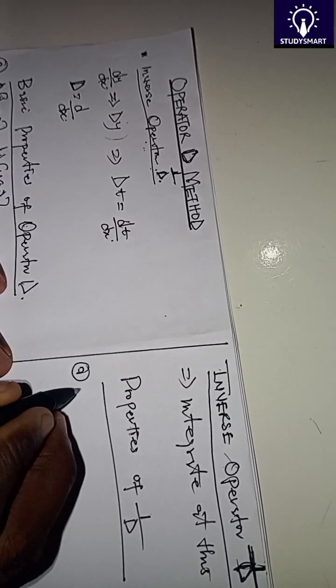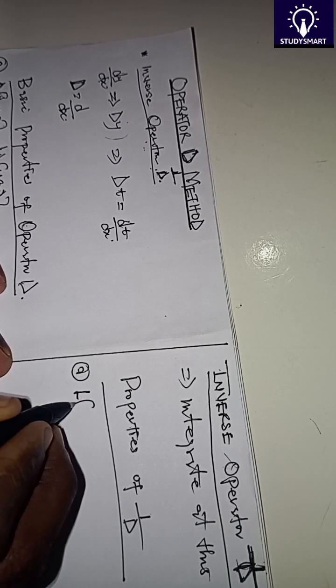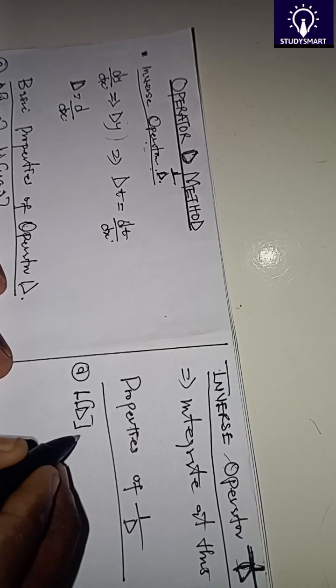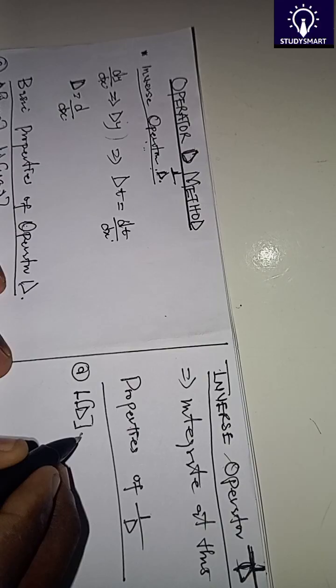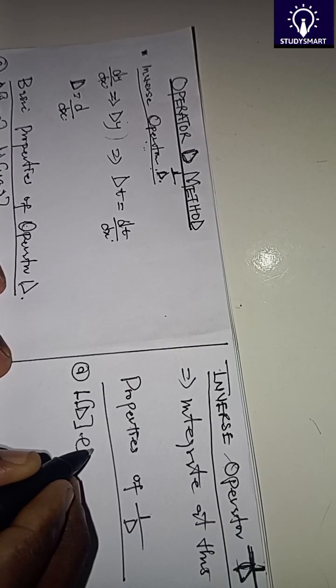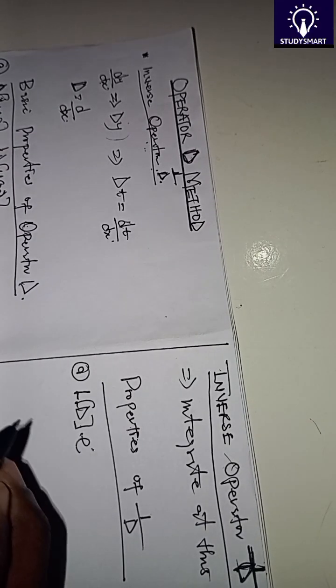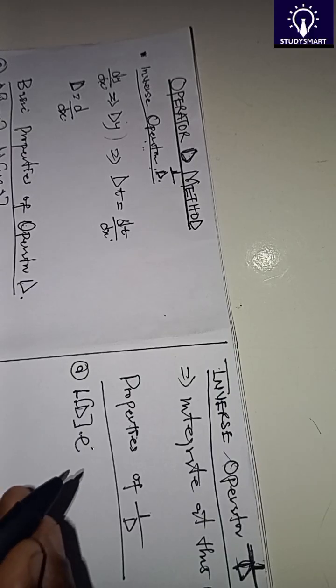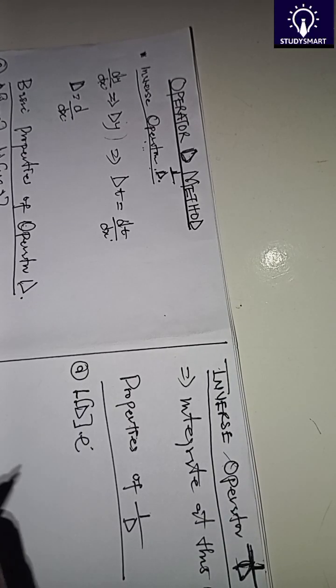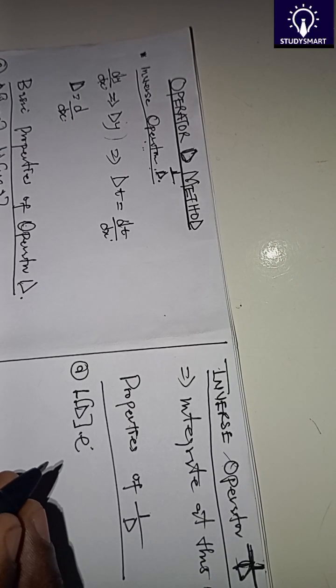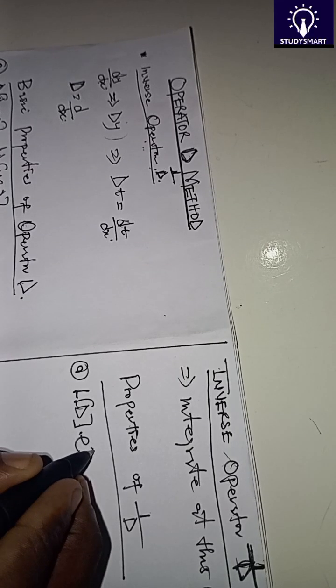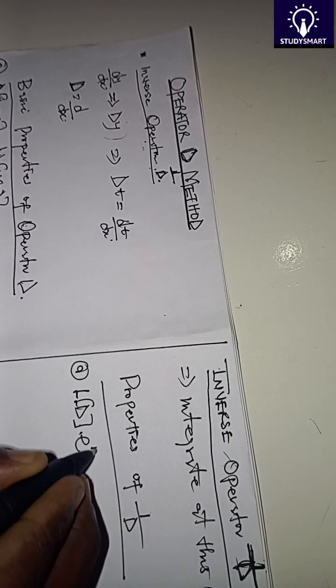Right. So firstly, if I have L of D, then exponential, I've used lambda in the other part, so I can just use another constant. Let me use nx here. Right.